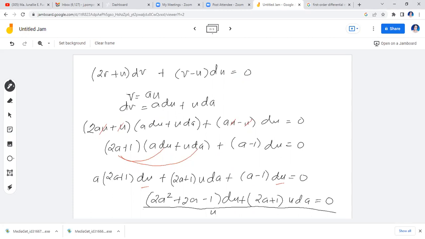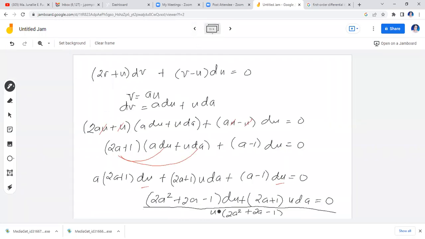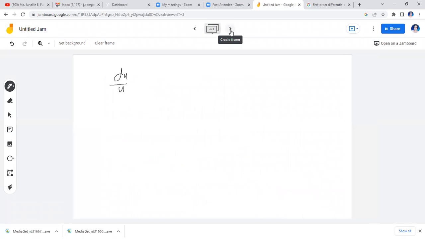So I'll divide by u and get rid of this entire expression on this side. So 2a squared plus 2a minus 1. So on the next page, we have a du over u. This term will be divided by u, and this 2a plus 1 dA will be divided by this, 2a plus 1 dA for the other one.